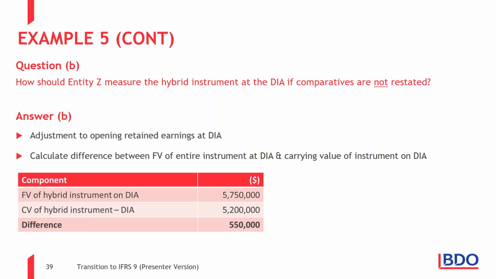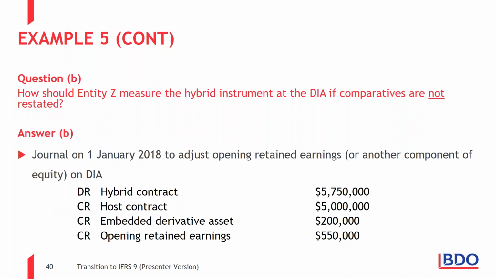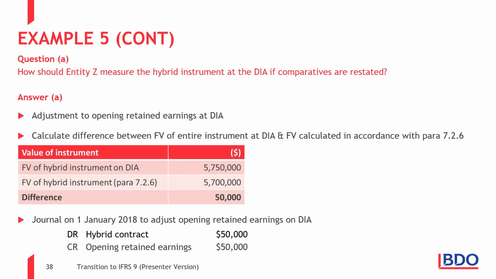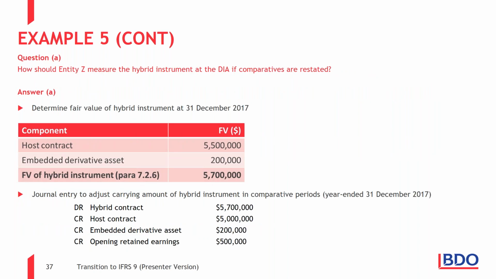In this example, because we're not restating comparatives, the total adjustment of 550 will be disclosed against opening retained earnings 1 January 2018. So if you look at this journal on the 1st of January 2018, and you compare it with the journals for answer A combined, you would see that the actual journal processed on the 1st of January 2018 is exactly the same journal.